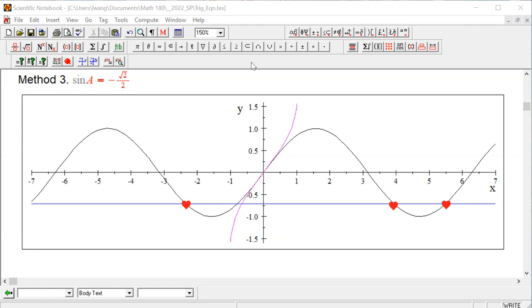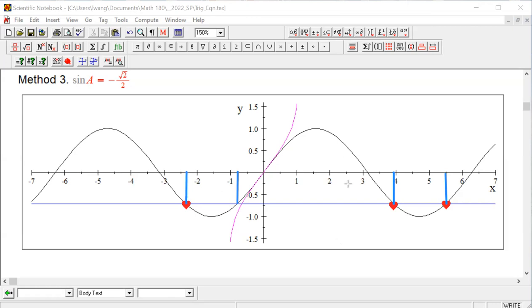For all these crossings, the blue bars, there's one here, and there's one here, and there's one here. Oh, I almost missed that one. Negative pi over 4.